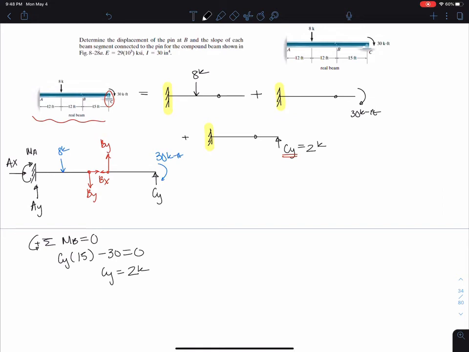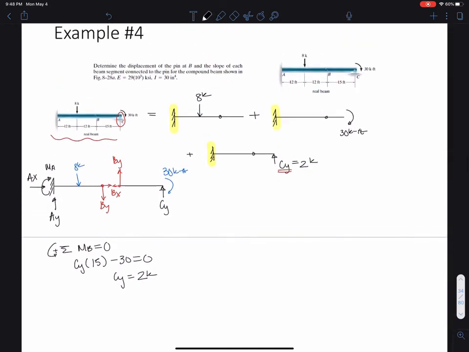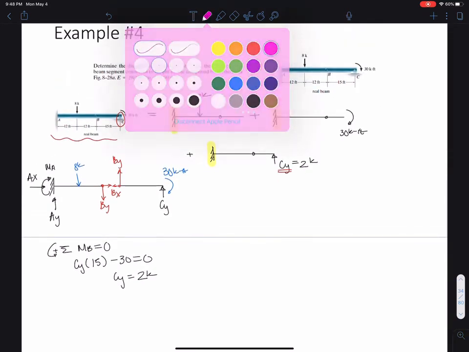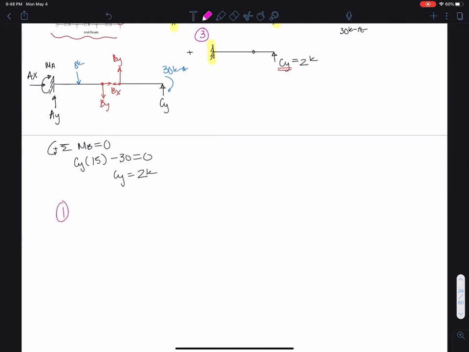Okay. And I'm going to solve now for the moment values or the moment diagrams for each of these loads. So I'm going to call this 1, 2, and 3. So let's start here with 1.